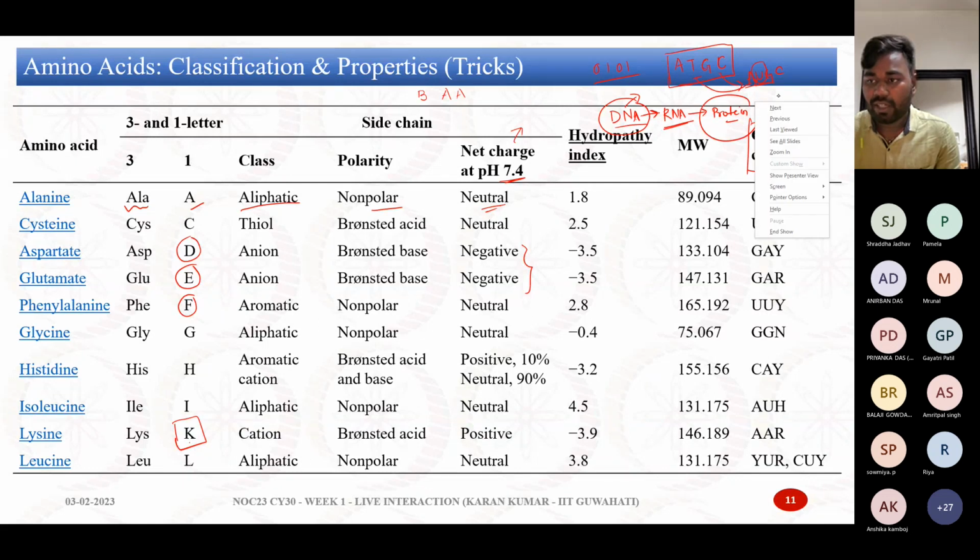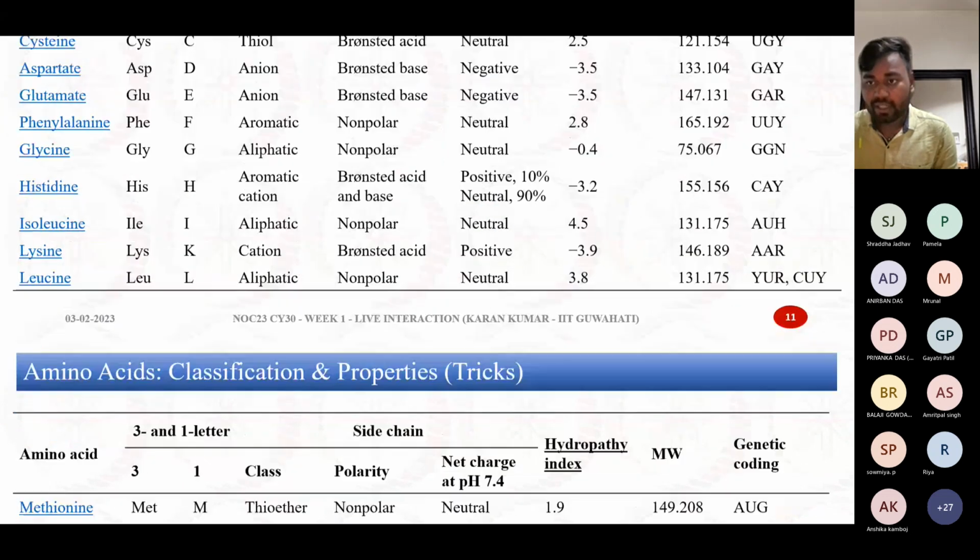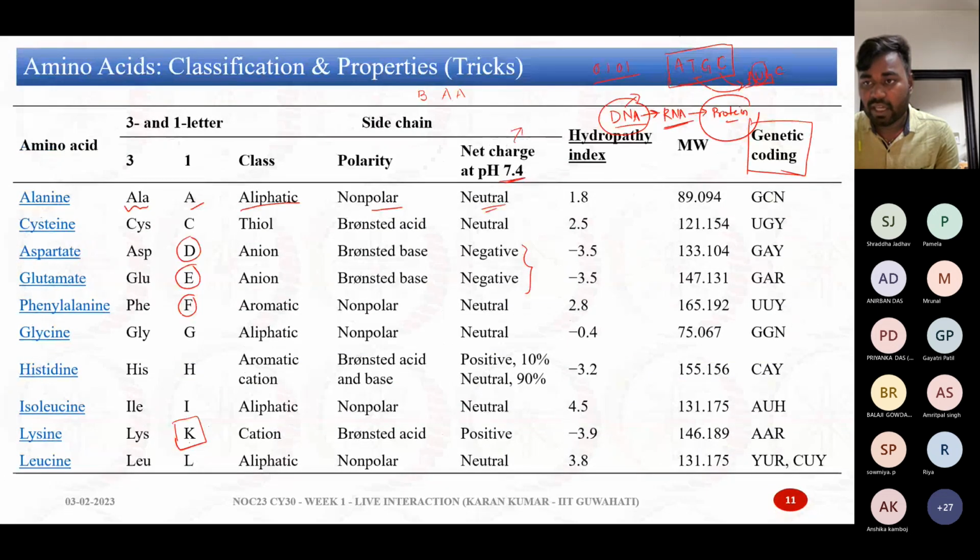So first it is transcribed from one information to another information.